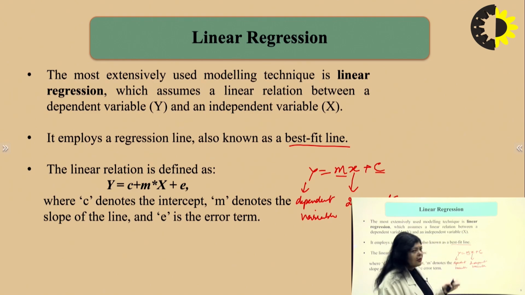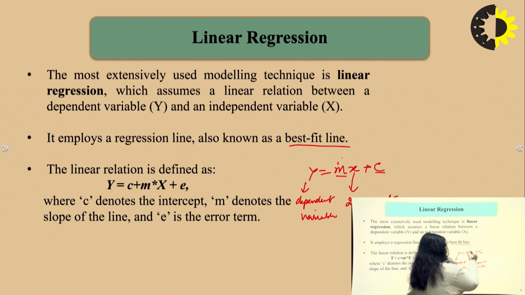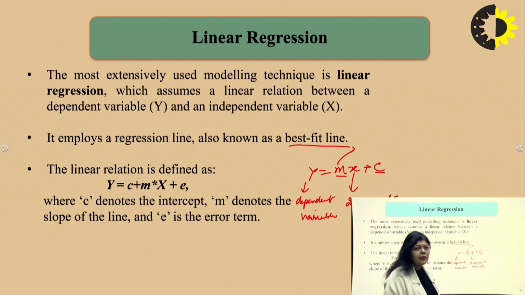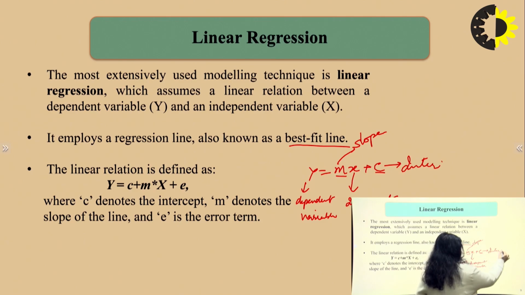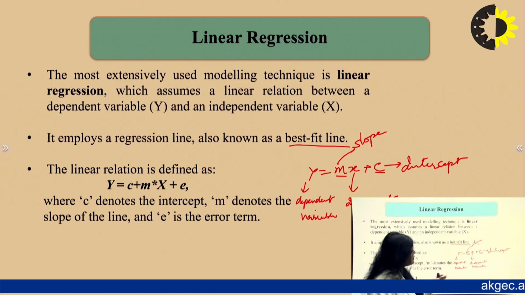Technically we call them the coefficients of this linear equation, and this m coefficient denotes the slope of the straight line, and c denotes the intercept of the line, right?